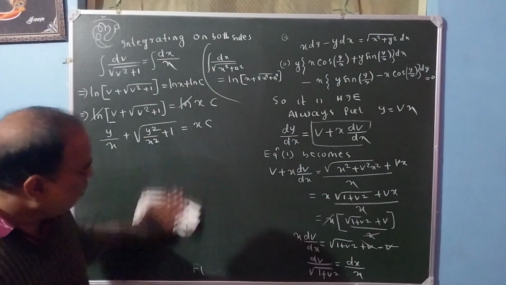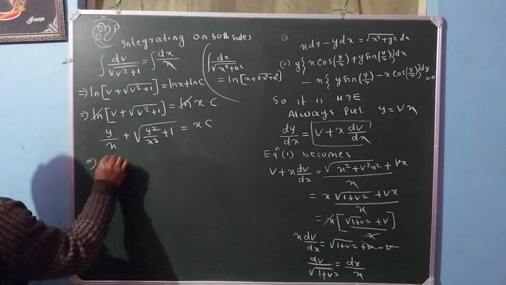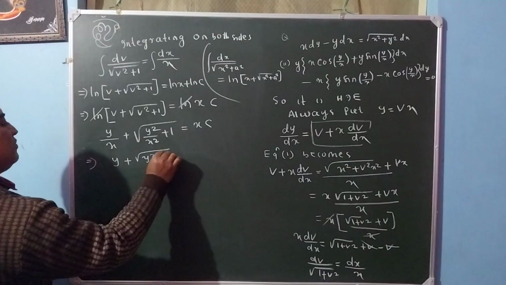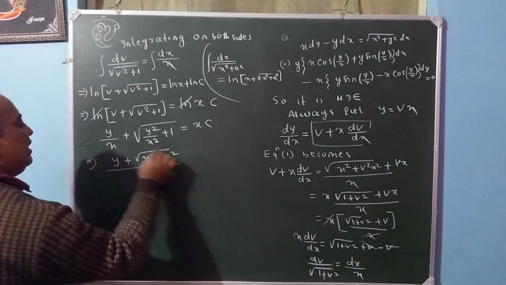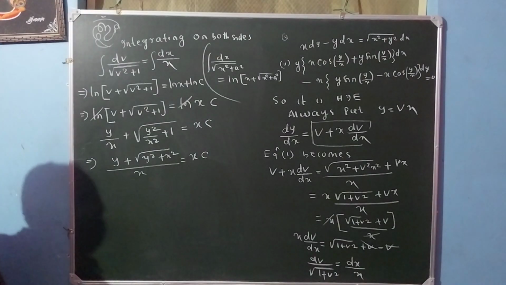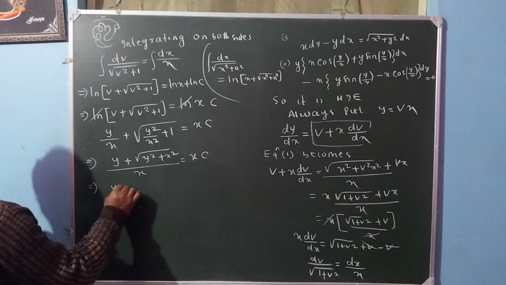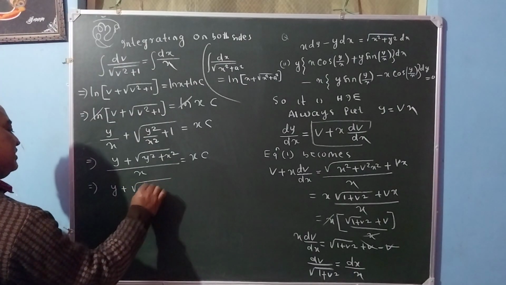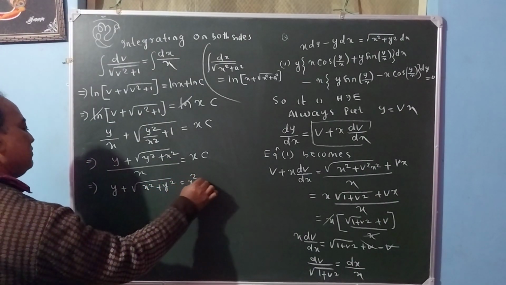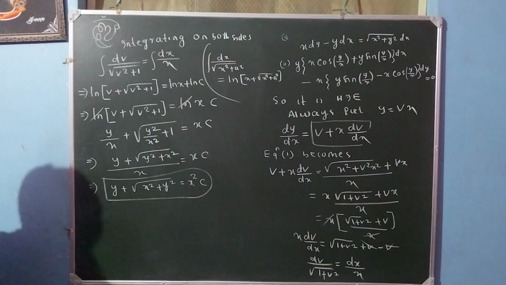After simplification, y plus root of y square plus x square, divided by x, is equal to x into c. Multiplying by x, we get y plus root of x square plus y square is equal to x square c. So this is the answer of this question.